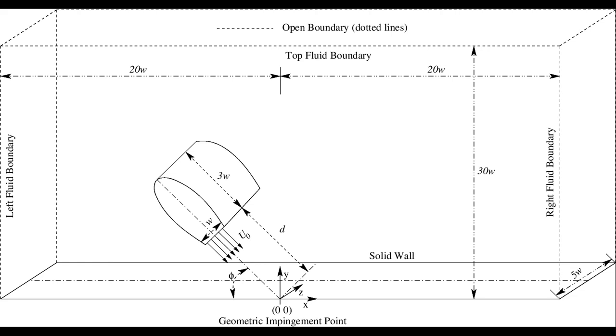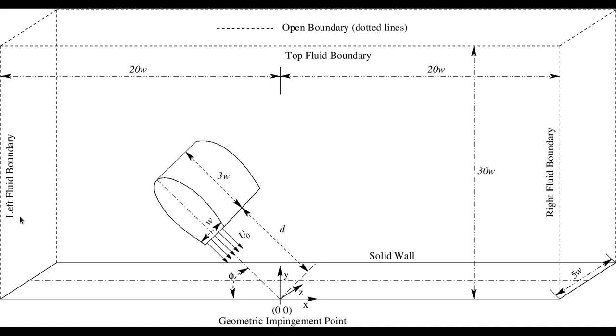As shown in the figure, the slot jet is impinging on the flat plate at an angle of phi. It is not impinging vertically. We are keeping the inclination of the slot jet, and the right fluid boundary is far away, around 20 W, meaning 20 times the width of the nozzle.